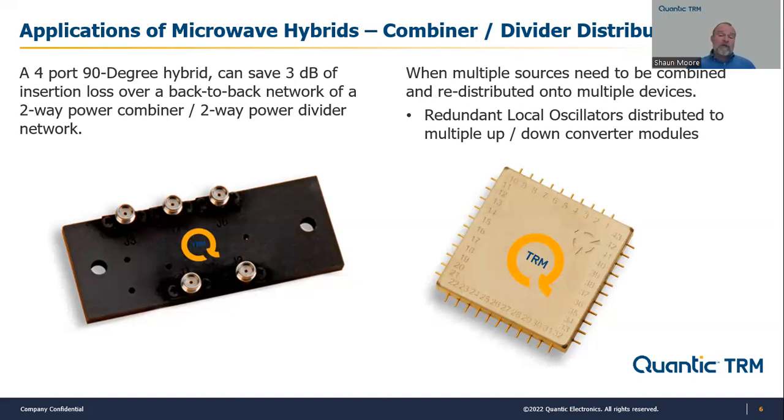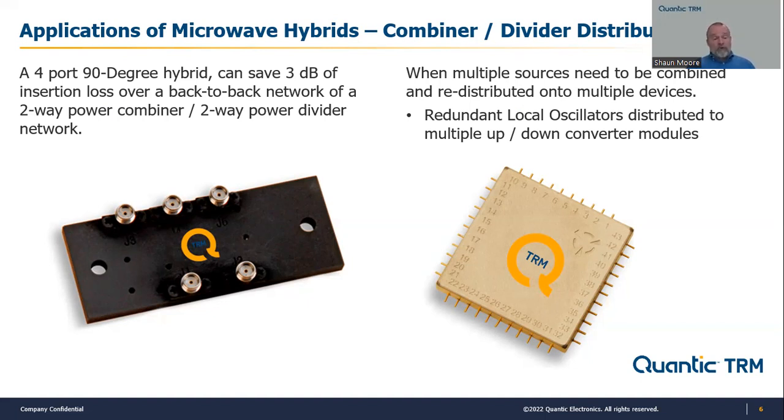So by essentially taking that signal, dividing it right away, and having the other port be isolated, and then when you feed the isolated port, it divides it right away and isolated from the first port. It's kind of a neat trick that allows you to build a divider combiner network without the additional 3 dB worth of combining loss and having a 2x2 distribution network.